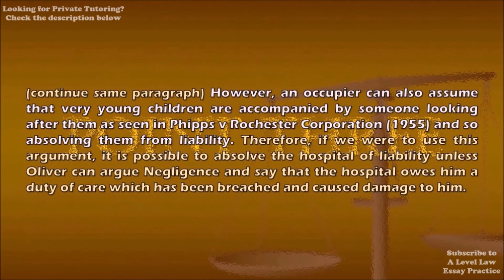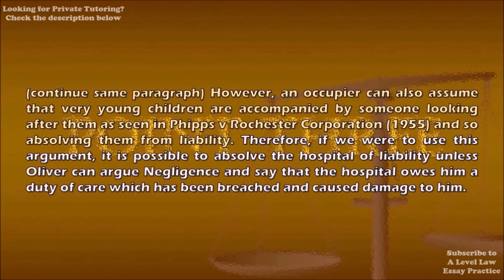However, an occupier can also assume that very young children are accompanied by someone looking after them, as seen in Phipps v. Rochester Corporation, 1955, and so absolving them from liability. Therefore, if we were to use this argument, it is possible to absolve the hospital of liability unless Oliver can argue negligence and say that the hospital owes him a duty of care which has been breached and caused damage to him.